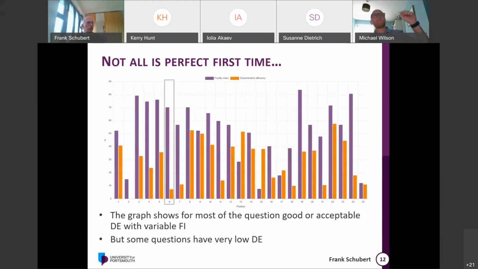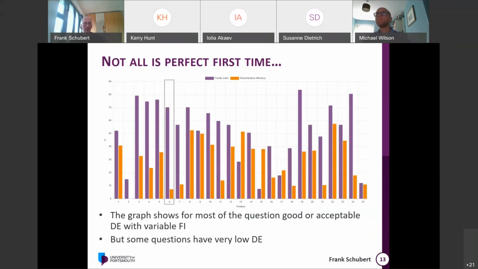Now, Moodle also gives you a graph that shows the facility index and the discrimination index for all of the questions. This really gives you an overview straight away of which questions could be problematic.